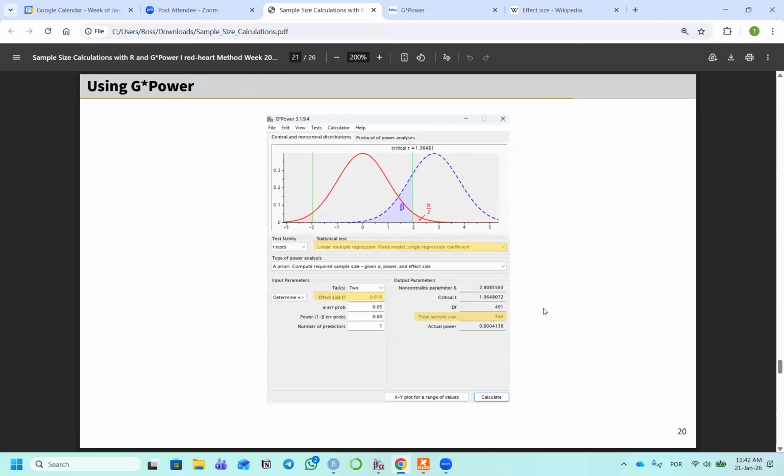So I will jump to my G Power, carefully plug in the information you have, and just click on calculate, which is very straightforward. You need around 493 students, or maybe not students actually.